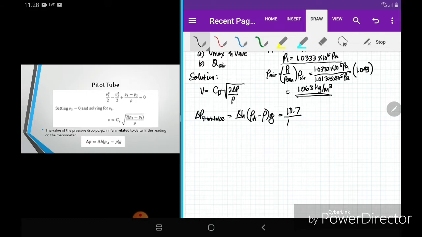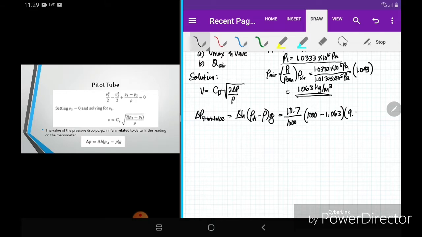This is in millimeter. Divide this by 1,000 multiplied by 1,000 minus the density of the air, which is yung corrected na 1.063 kilograms per cubic meter.